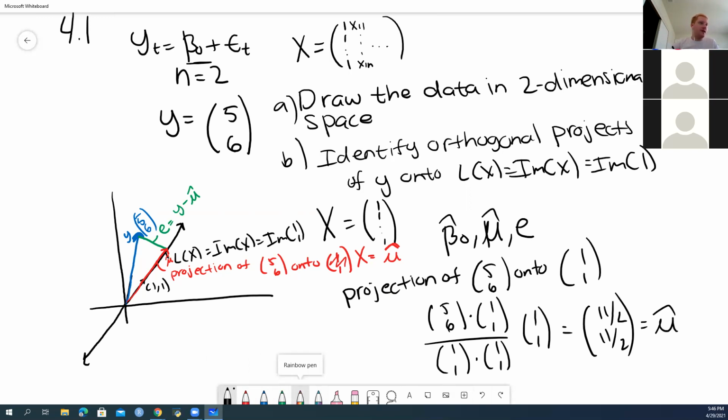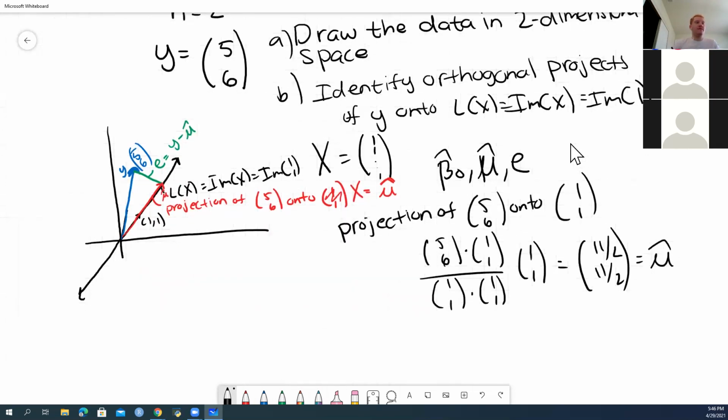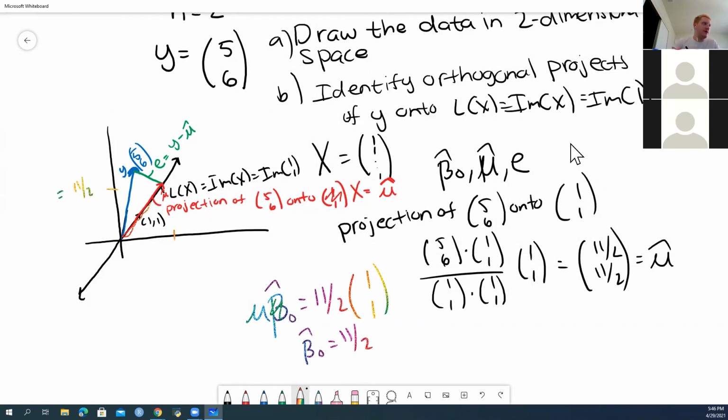And in regards to beta naught, beta naught would be what you're multiplying this (1, 1) vector by. So beta naught hat would be 11 over 2, since mu hat is 11 over 2 times (1, 1).